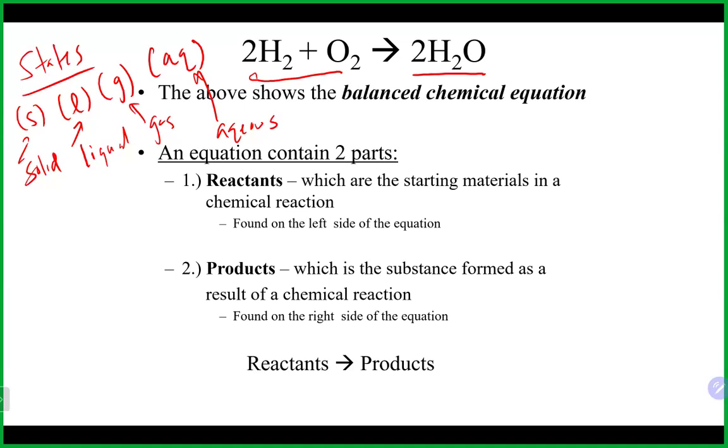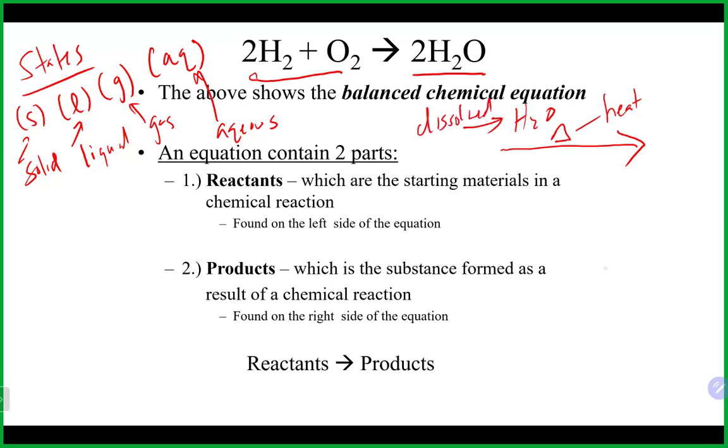Other things that you'll sometimes see, like on top of the arrow, for example, you may see a delta symbol. And usually if it's on top of the arrow, that usually means heat. You'll sometimes see maybe something like water on top of the arrow, which means you dissolve something in water.